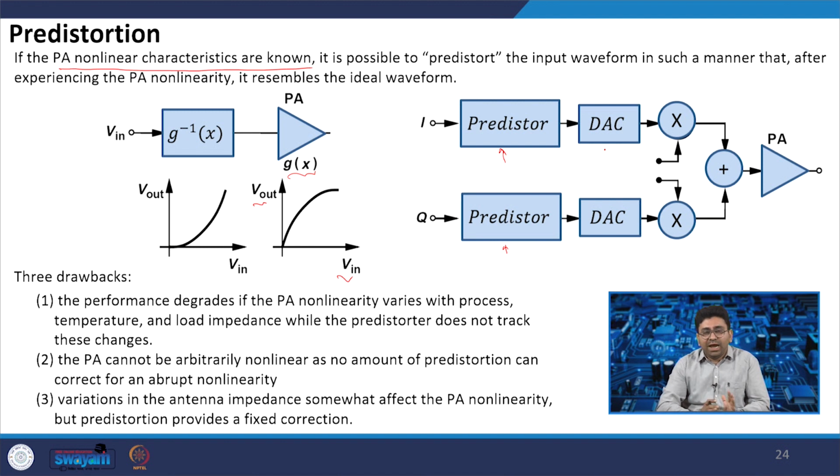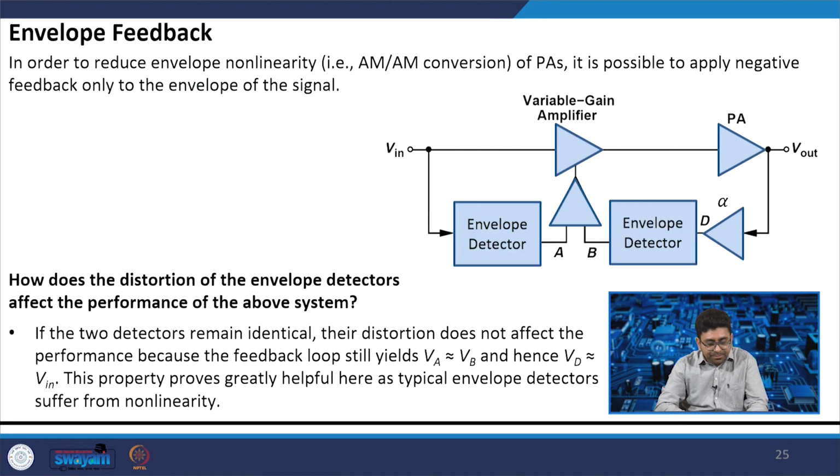That needs an additional feedback circuit and mechanism in the pre-distorter, so that this can be linearized. This kind of digital pre-distortion is widely used, and you can go through the literature which discusses pre-distortion. You can improve the nonlinearity of the power amplifier. And another method is envelope feedback.